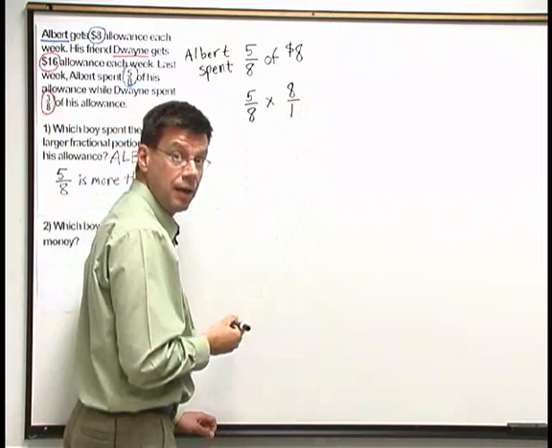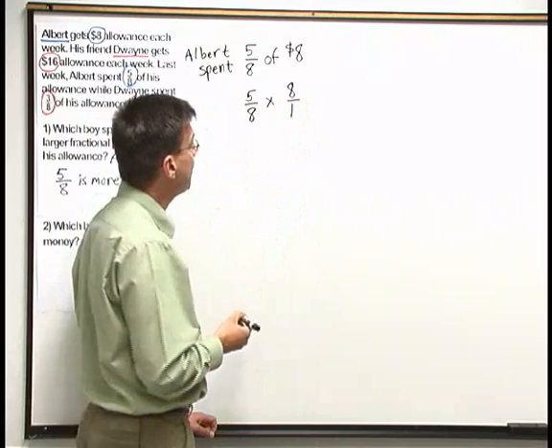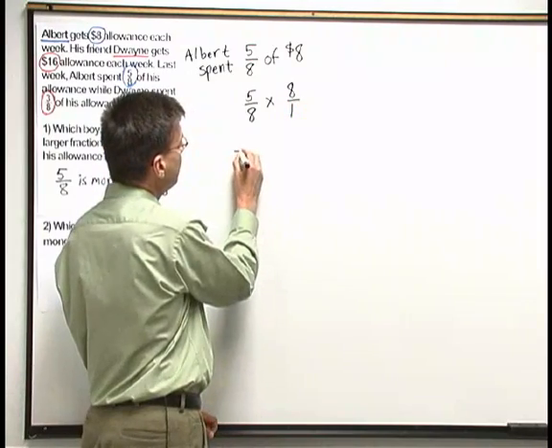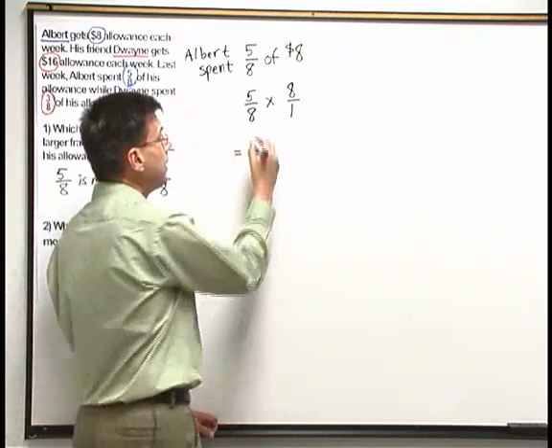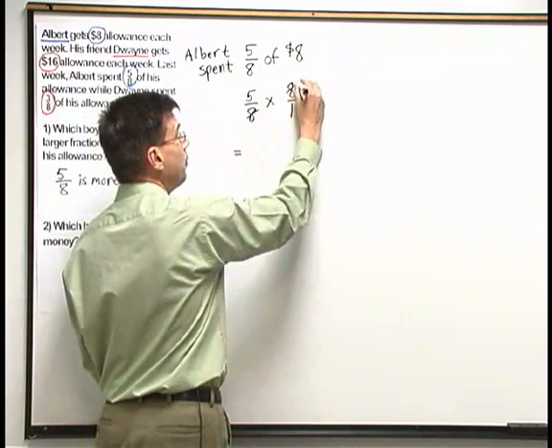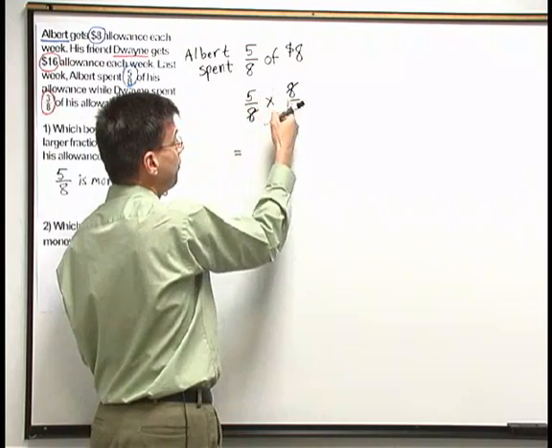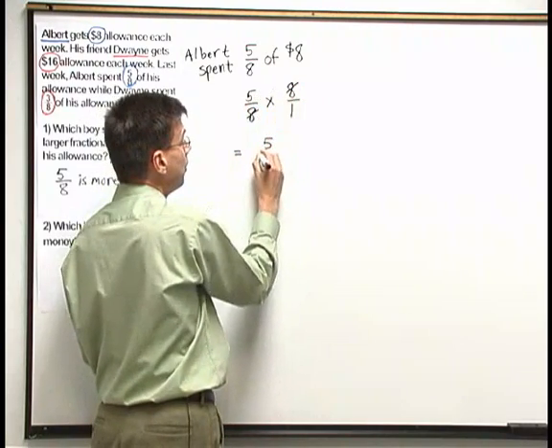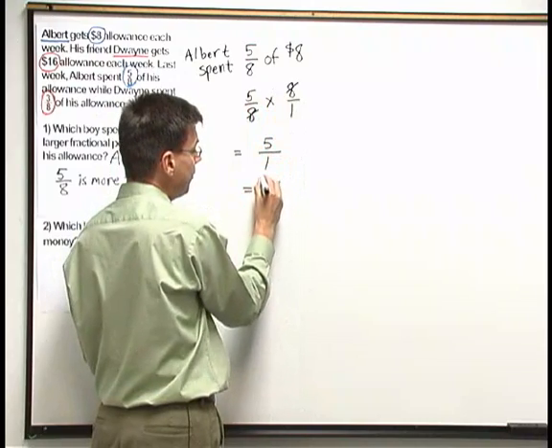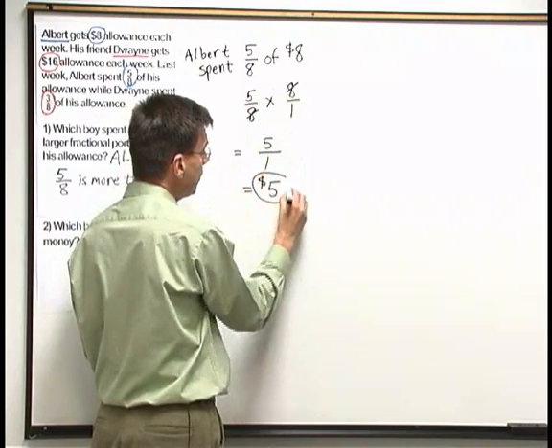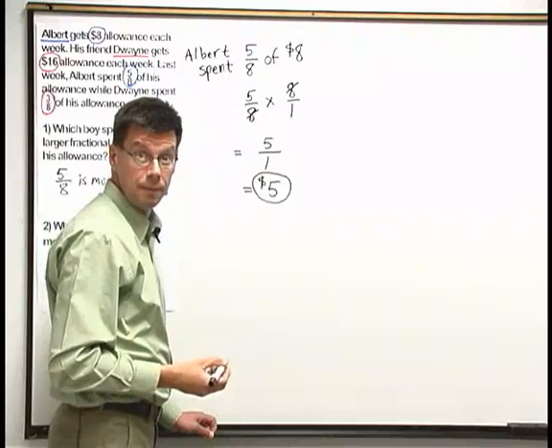So I'm calculating 5/8 times 8 over 1. If I think of this as a fraction multiplication problem, I can cancel 8s above and below, and I'm left with just 5 over 1, which is $5. That's the $5 that Albert spent.